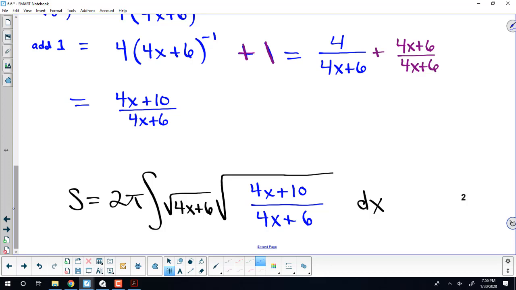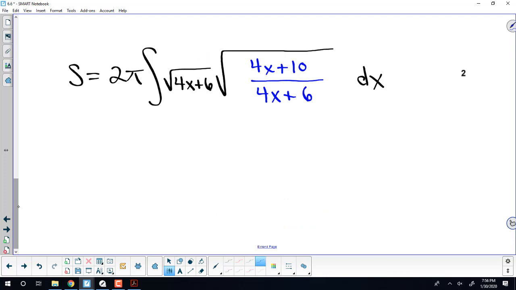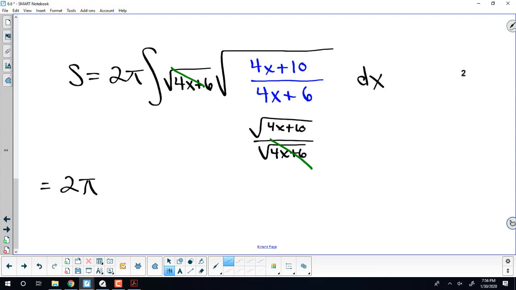So we just end up with the root of 4x plus 10. Because remember, this is actually just this. And this cancels with this. So you've got 2 pi. I guess we'll put our bounds in.